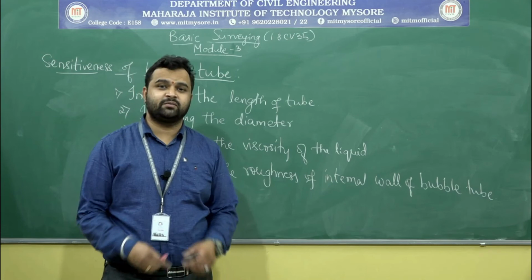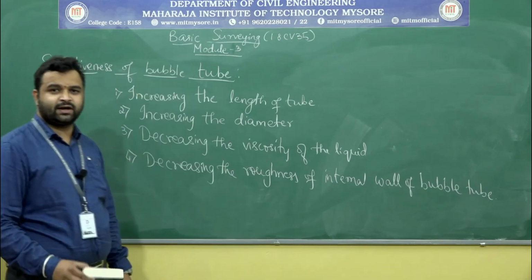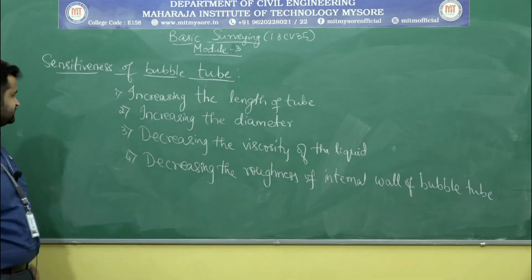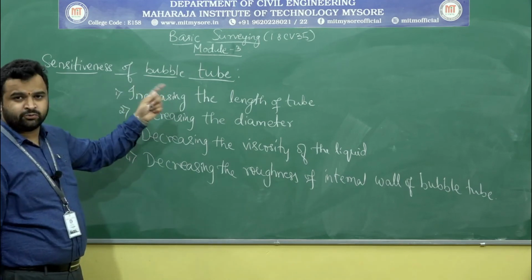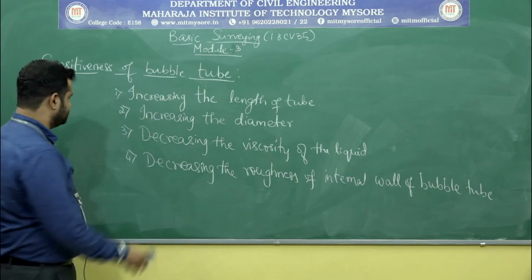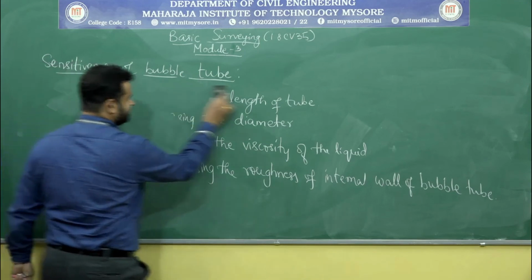Okay. So, how can you determine the sensitivity? Sensitivity can be determined by using two methods. The sensitivity of the bubble tube can be determined by two methods that I am going to explain now.